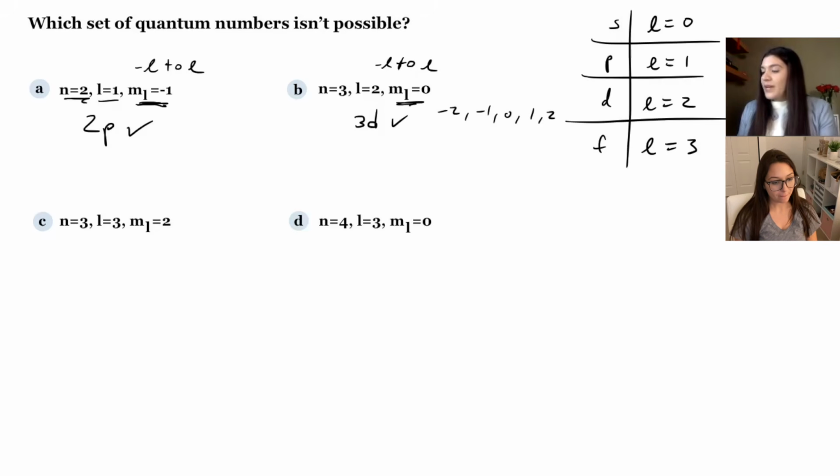Looking at C, what would we have? We would have 3f. Is that possible? Exactly, it's not, because we can't have that. Looking at the periodic table, what's the lowest f that we have in the f block?